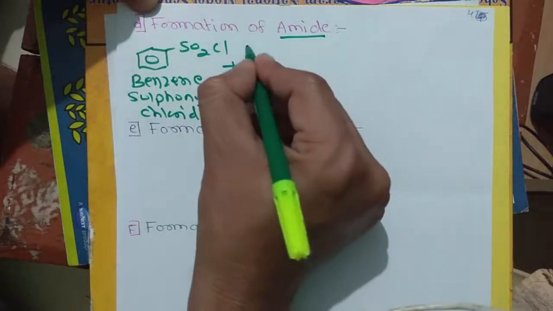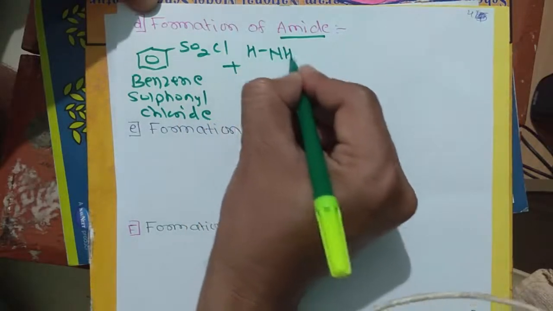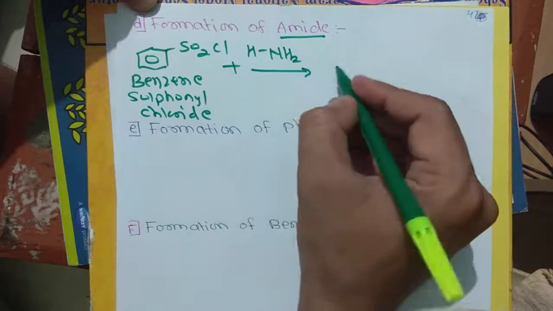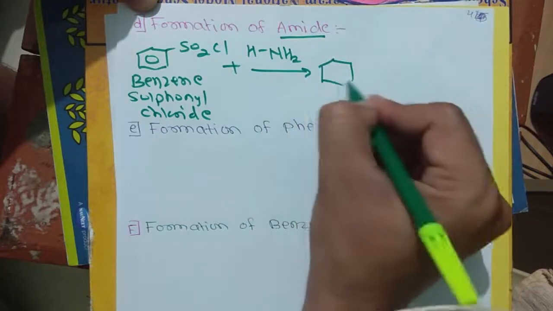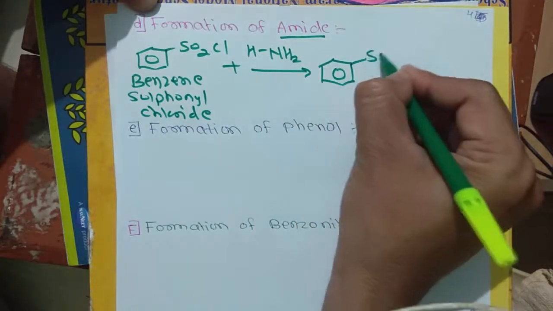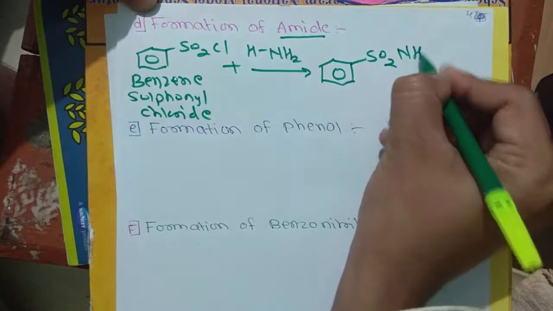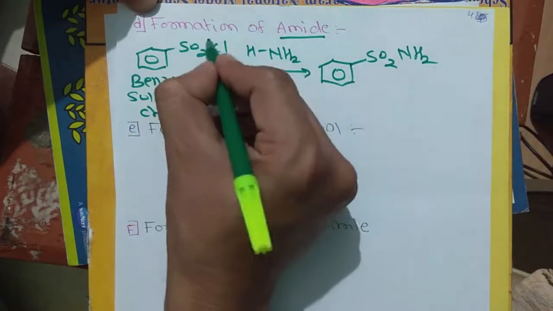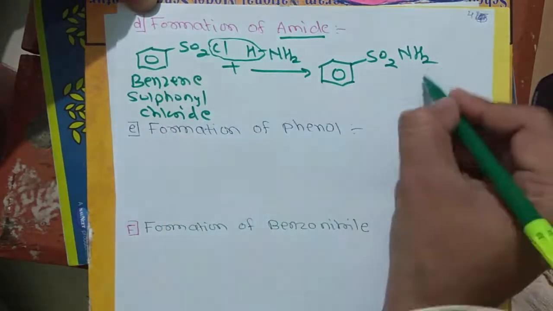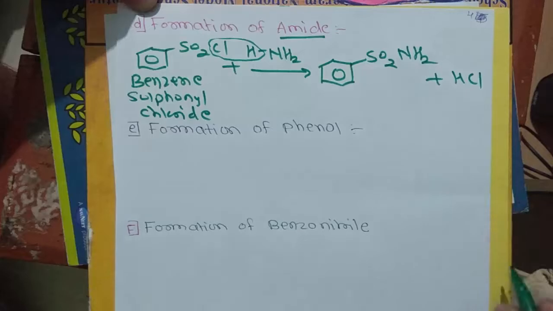Benzene sulfonyl chloride is reacted with ammonia, HNH2, and there is a formation of which type of compound? Amide is formed, SO2NH2, and HCl is removed.